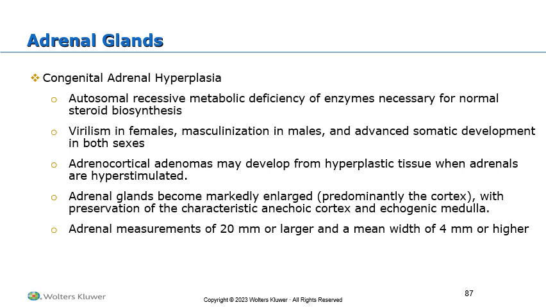Okay, with this, the adrenal glands will become markedly enlarged, but they'll still maintain their characteristic anechoic cortex and echogenic medulla appearance. Adrenal measurements greater than 20 millimeters, or 2 centimeters, would be suspicious for congenital adrenal hyperplasia.